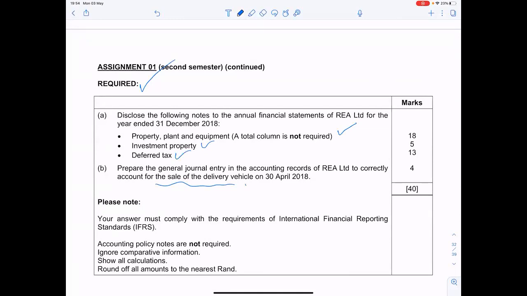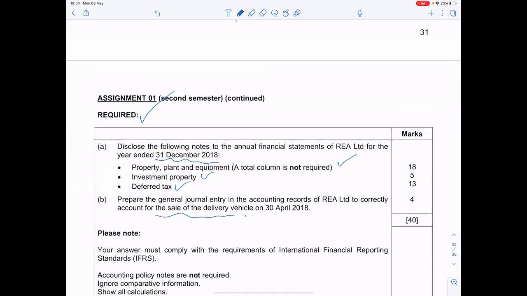journal entries part B. So you notice that they said disclose the information to the annual financial statements as at 31 December 2018. So first we check our year starts on the 1st of January 2018 until 31 December 2018. So that's what we are going to disclose in the annual financial statements.